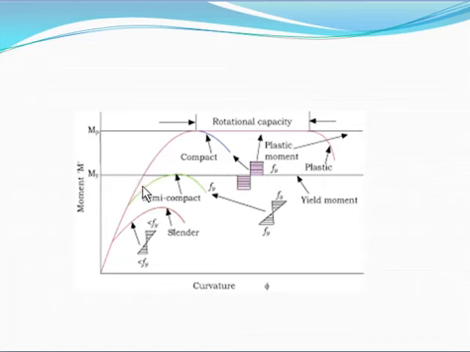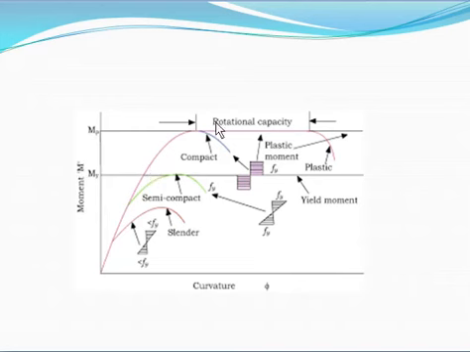But see, in case of the plastic analysis, we can go up to this point, that is the plastic. So by seeing this same figure, you can observe that by using the plastic analysis, that is the plastic moment of resistance, this value is more, and this value is less.